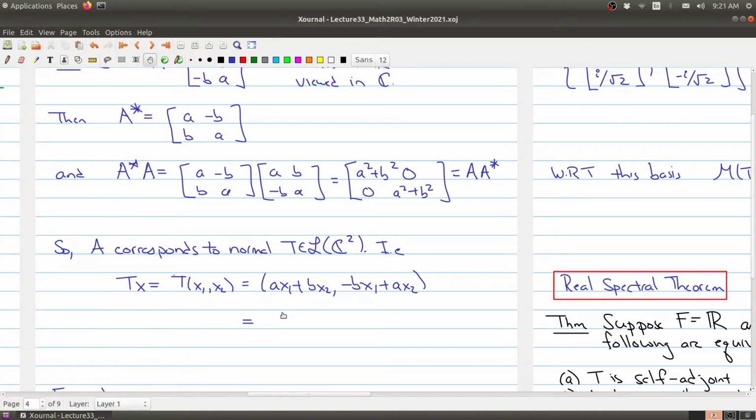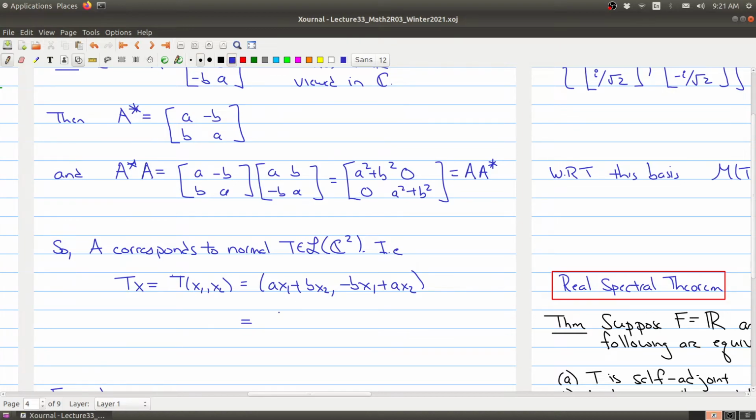Notice that that's the same thing as taking the original matrix, multiplying it by the vector x1, x2, getting a vector, and then taking the transpose of that, because normally this would be a 2x1 vector, but we want to write it in this form. So this is actually the matrix associated to T with respect to the standard basis.